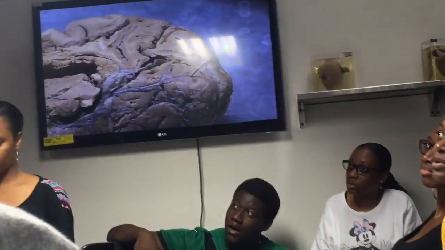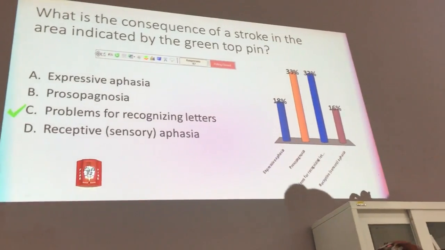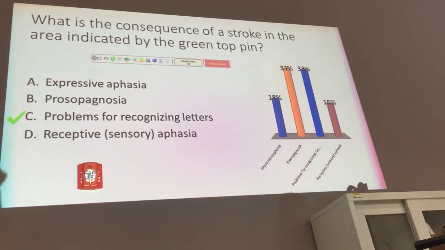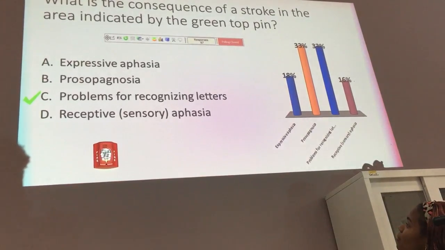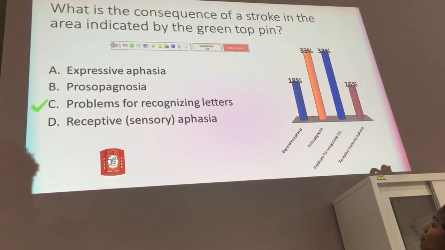Okay, so it was a C. It's your lingual gyrus, which is between your calcarine sulcus and your collateral sulcus.